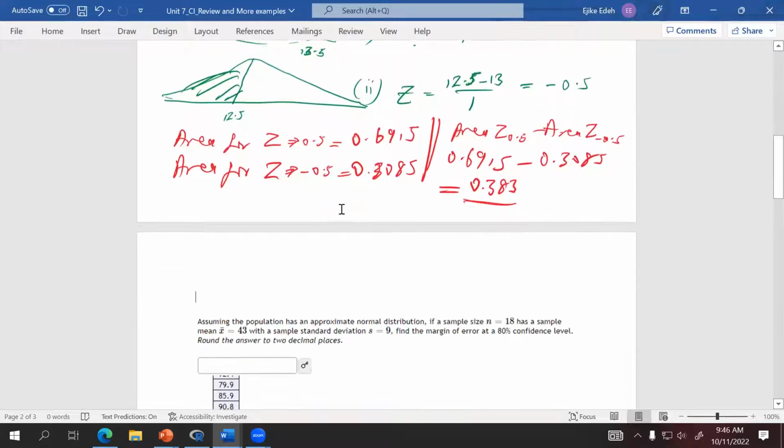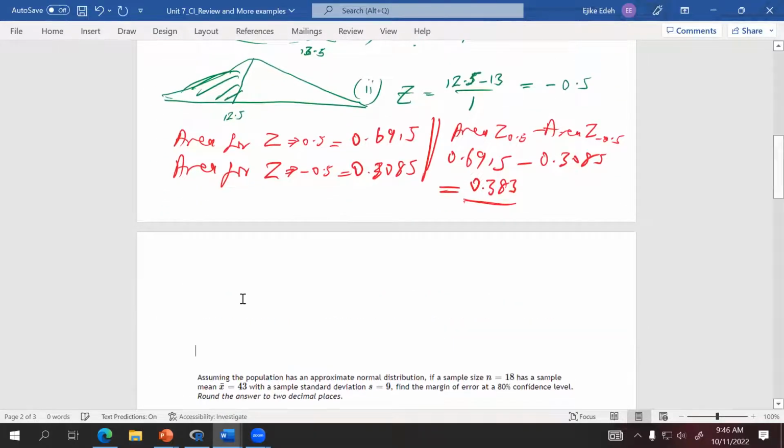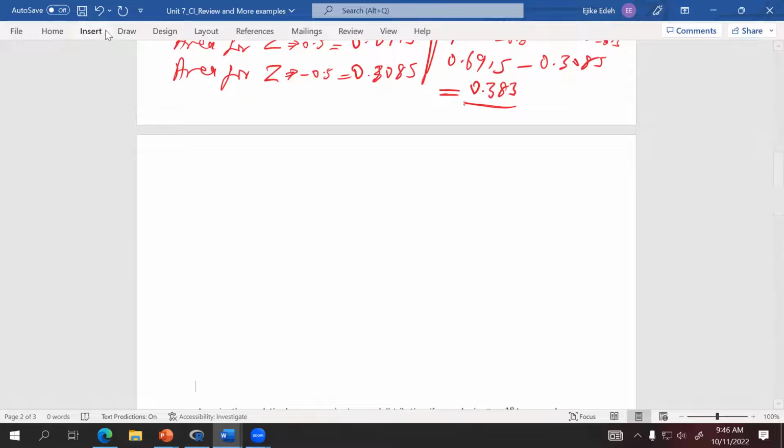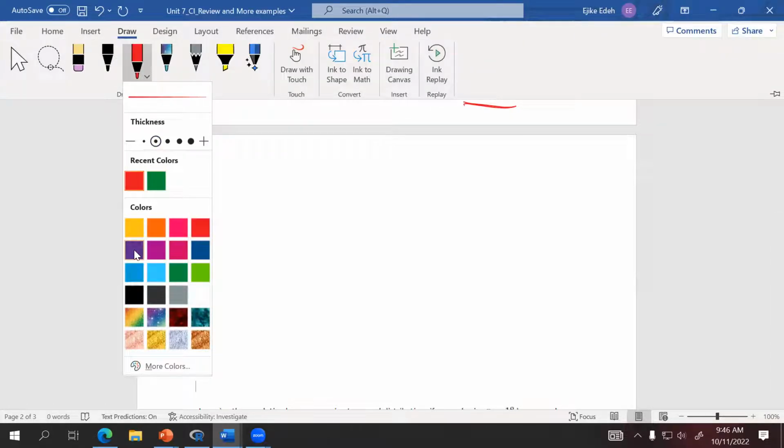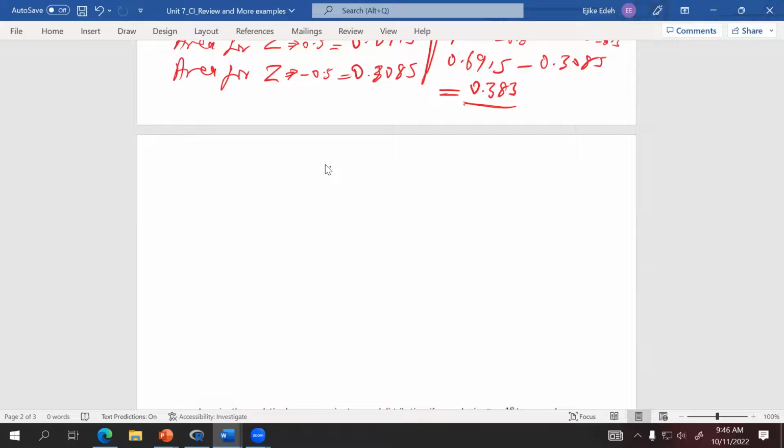So again, we're going to have the same diagram. Let me pick another color, maybe purple. So let's say we are on question D now. It's the same drawing. The mean is still 13, that does not change.